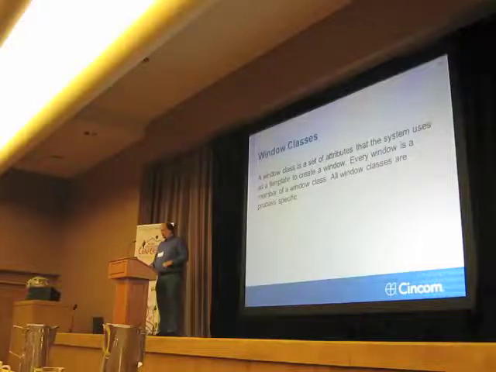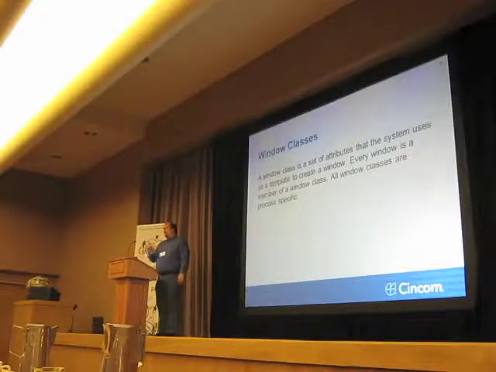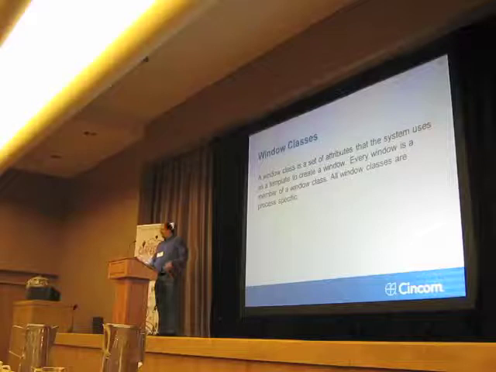All of those classes that you register are usually process specific, which means that if you register a class in one process, another process cannot just use it, but you have to implement it on your own.